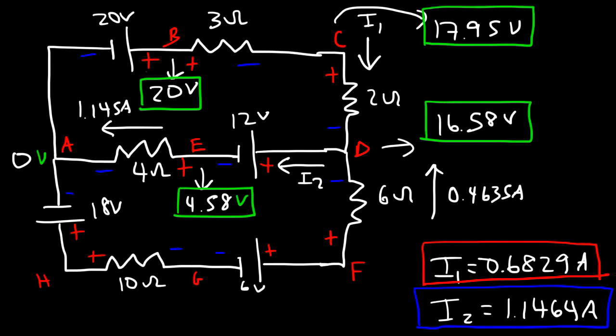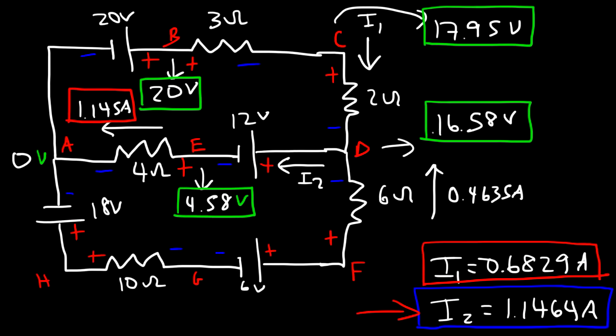And so this tells us that we're on the right track because this matches I2. Now this is a slight difference because there was some rounding in this problem. I mean, this is not exactly 17.95, it's like 17.951. But however, this is close enough, 1.146 and 1.145. You could round that and say it's about 1.15 if you want to.